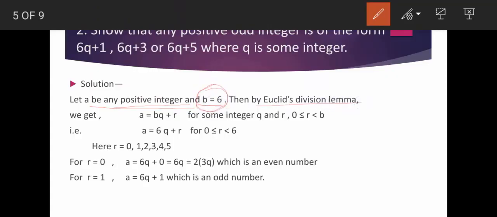Then by Euclid's division lemma, as we know, the statement says that when a and b are any two positive integers, then there exist integers q and r such that a is equal to bq plus r, such that 0 less than or equal to r less than b. So this is actually Euclid's division lemma.